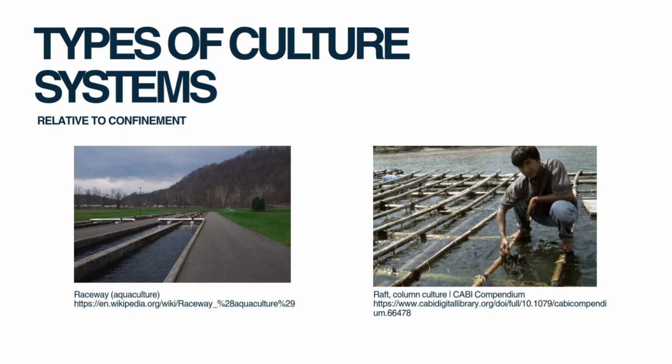While on the other picture, we have the raft culture. The raft culture originated in Japan, and this technique is used for 3D farming in deep sheltered waters, allowing rapid growth and high yields due to abundant food access. Usually, what is used here is bamboo, floating, rectangular in shape. That is what is used in raft culture.